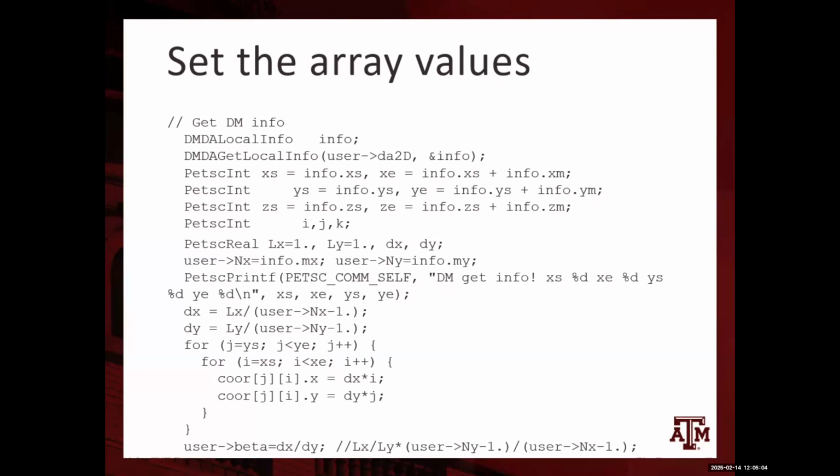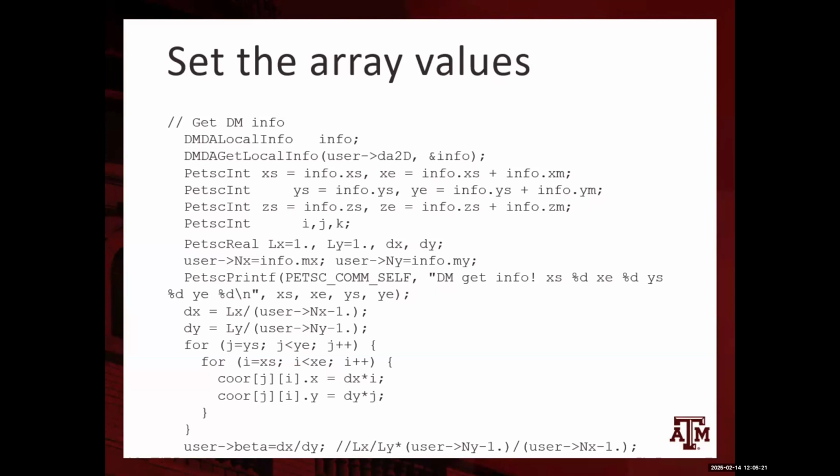XS for these two is going to be 0, and XM is going to be 20. You can get XE, the last node, which is XS plus XM, the size on that rank.